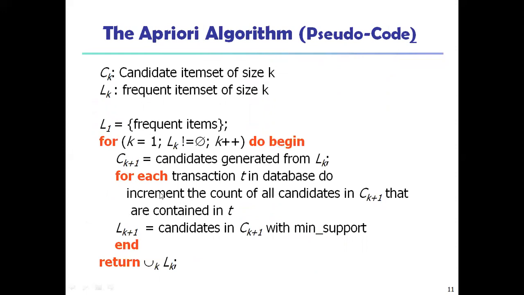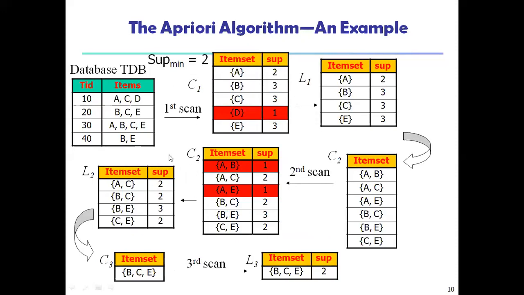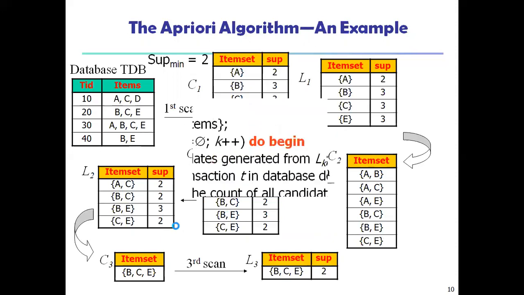For each transaction T in a database, increment the count of all the candidates in CK plus 1 that are contained in T. See here, this is our transactions. Take the combination set and check with the transaction T whether those combinations are present here.